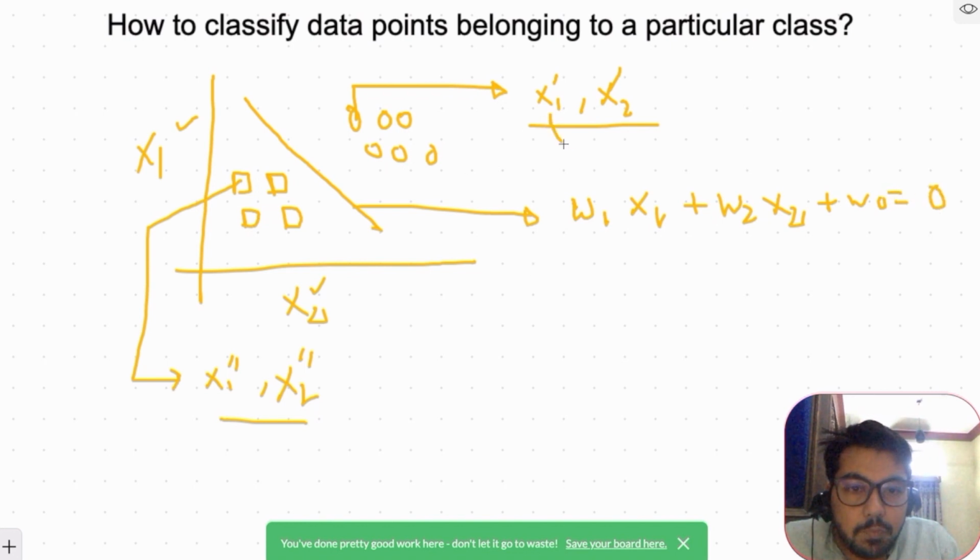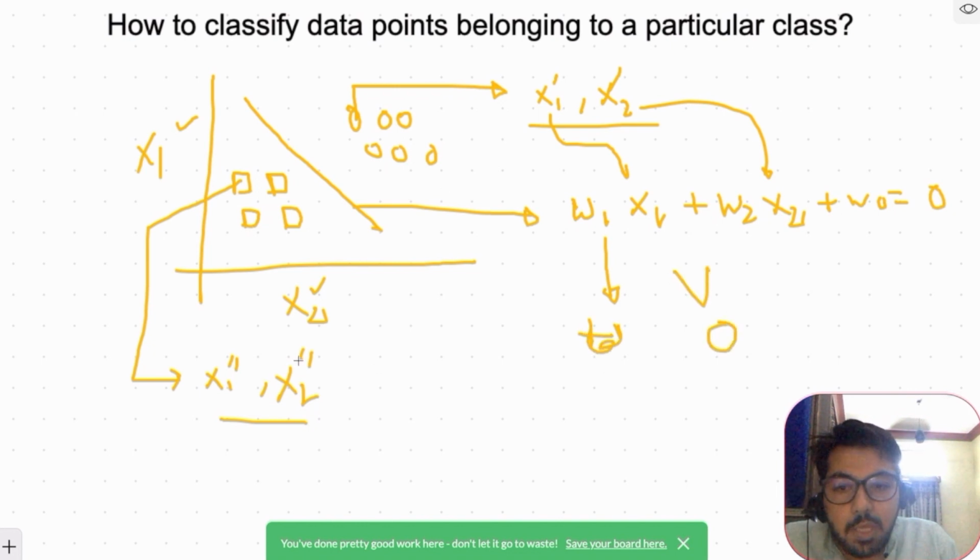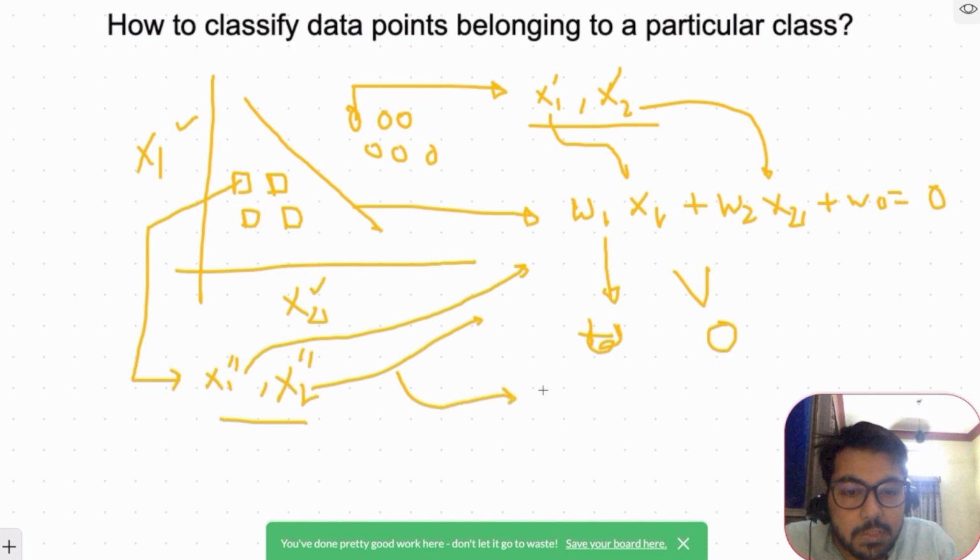So if I put the values of x1 and x2 for the circle here, this will result in a value greater than 0. If I put the x1 and x2 of the square in this equation, it will result in a value less than 0.